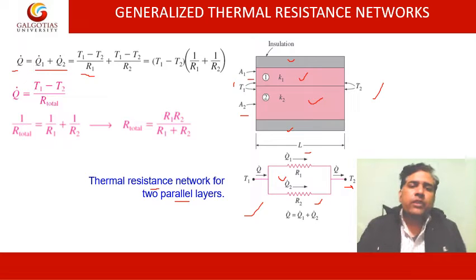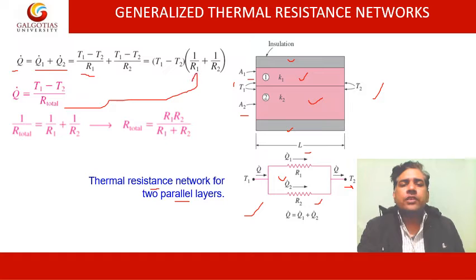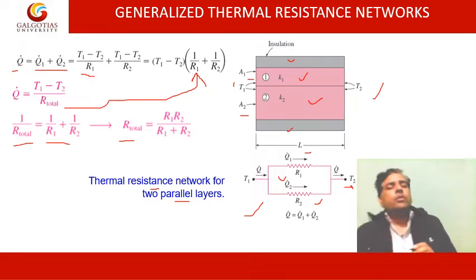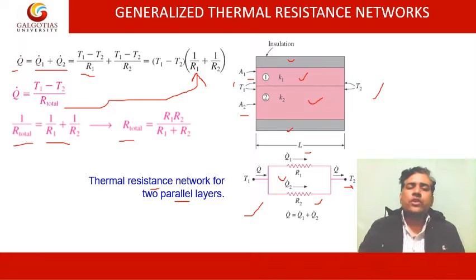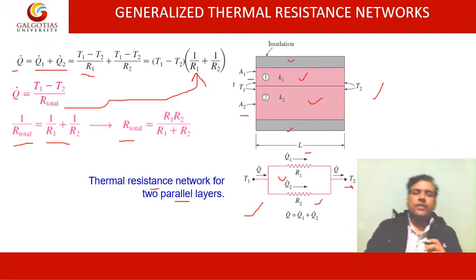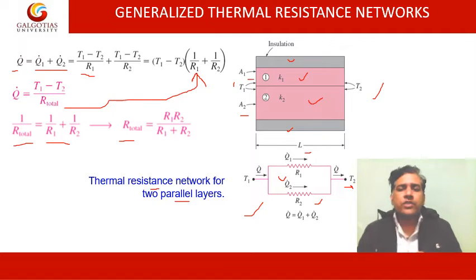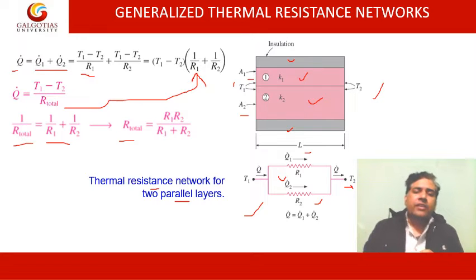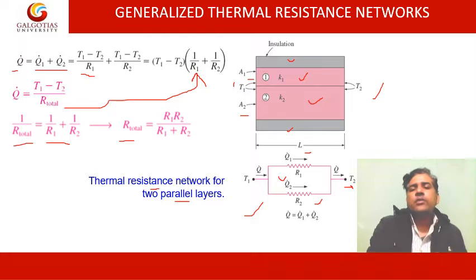Comparing this R total with that, we find that 1 upon R total equals 1 upon R1 plus 1 upon R2. So R total equals R1 into R2 upon R1 plus R2. If this kind of situation exists, these are called thermal resistances in parallel, similar to resistances in an electrical circuit.